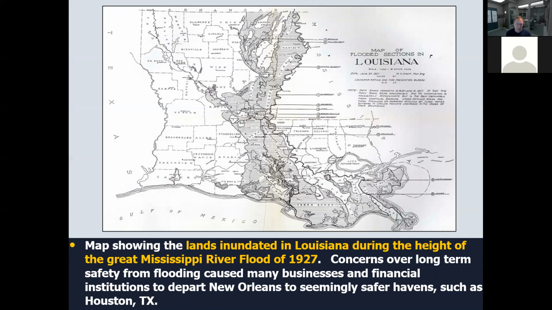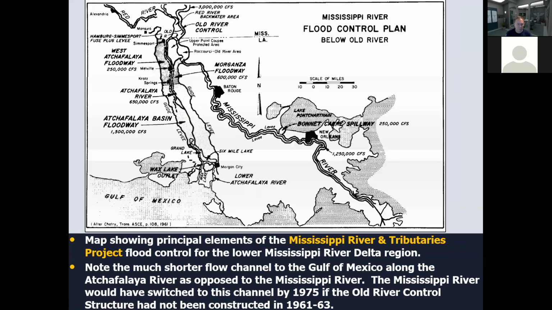And a part of that was also the Army Corps of Engineers recognizing the importance of having another place to divert water. And to be honest, there was a certain amount of water diverting itself, but we'll go through a little bit of what's going on there. I'm talking about the Atchafalaya Basin.